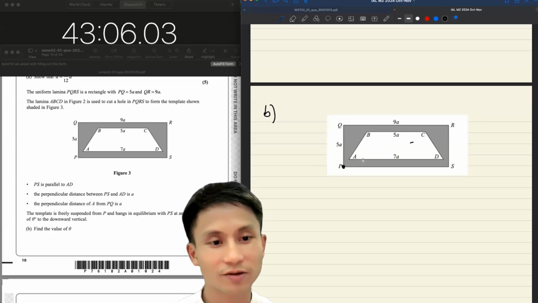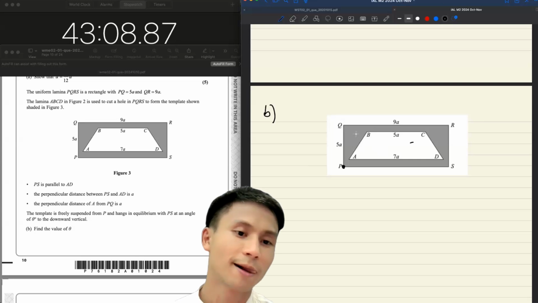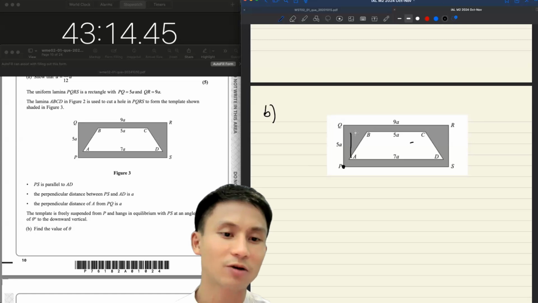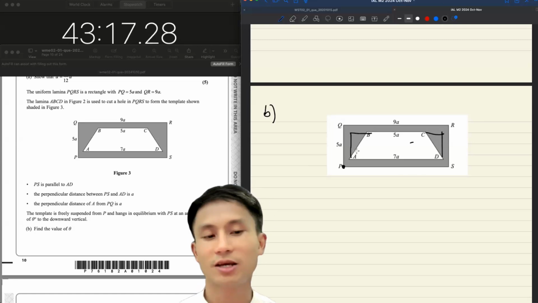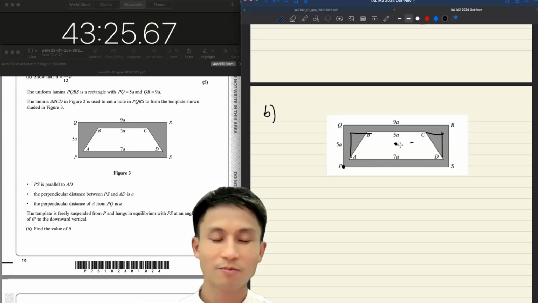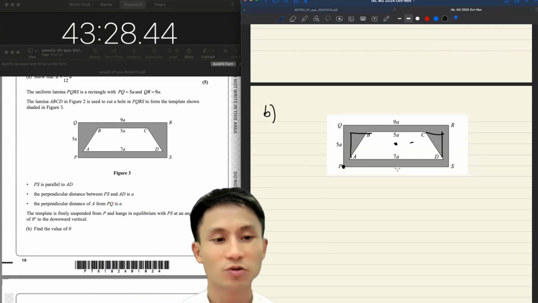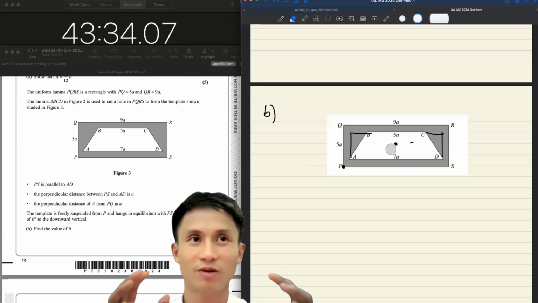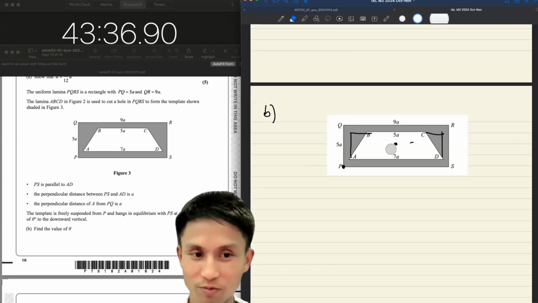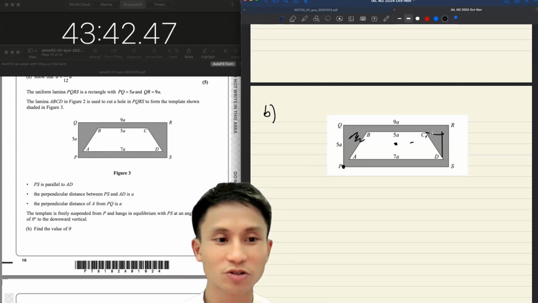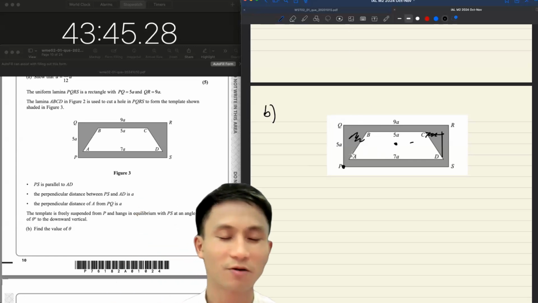So PS is going to make some angle with the downward vertical. Imagine if you cut out everything, including this bit from the trapezium, you're still going to have the center of mass exactly at the middle. But because you have more mass on the top part, the center of mass when it's totally cut out like that would be moved up a little bit, because you have more mass towards the upper direction.